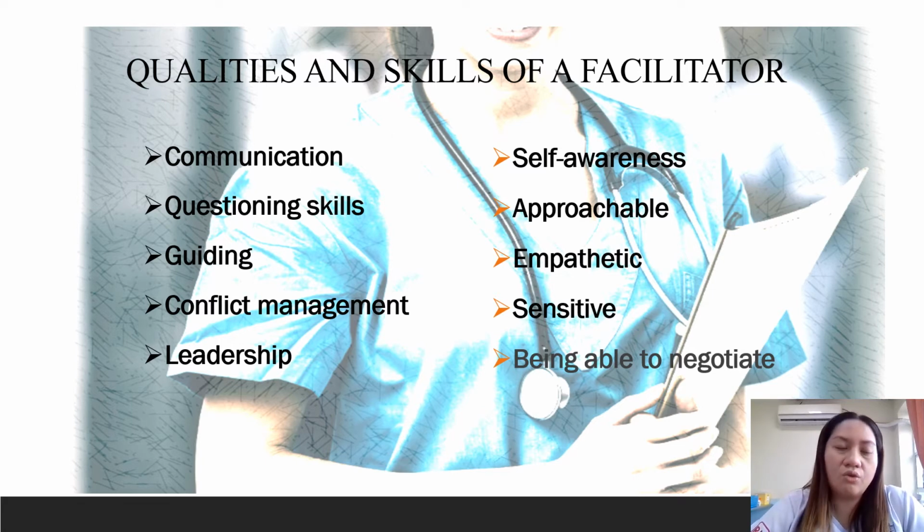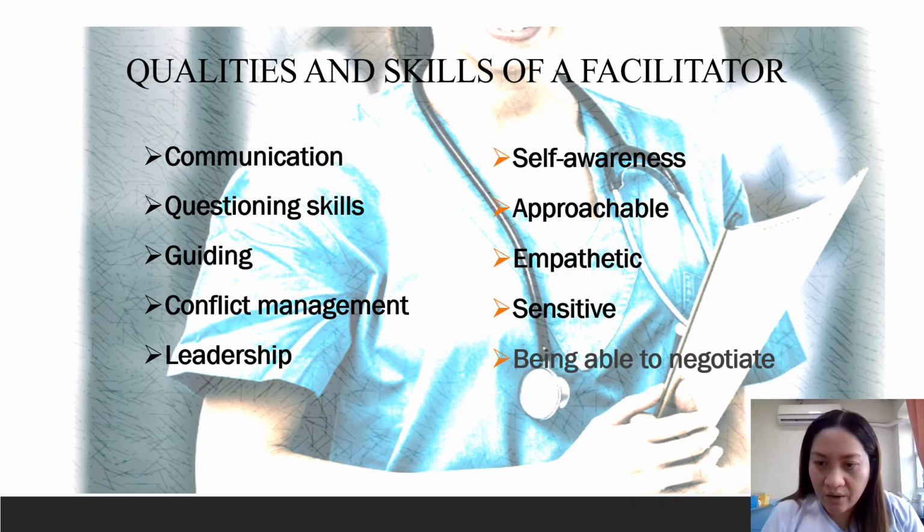Leadership, so you'll be the one leading the whole education process. You will be coordinating well and organizing the whole teaching and learning process. So you will act as a leader.